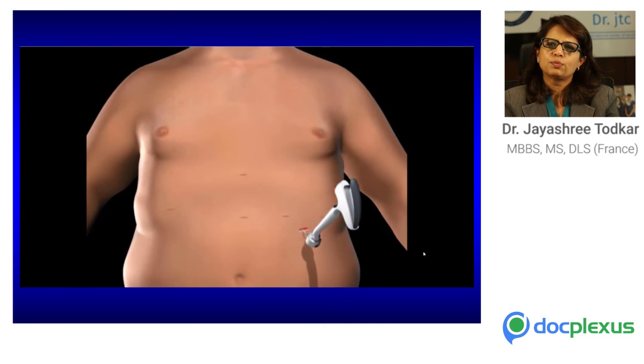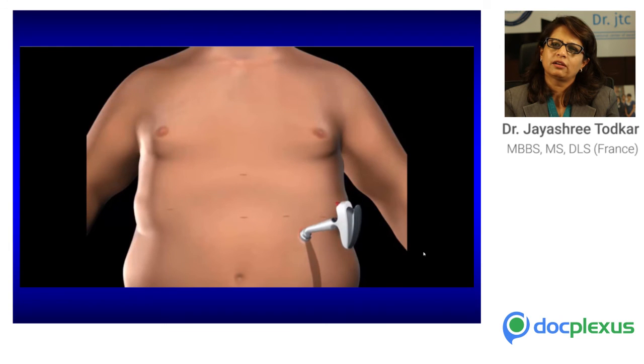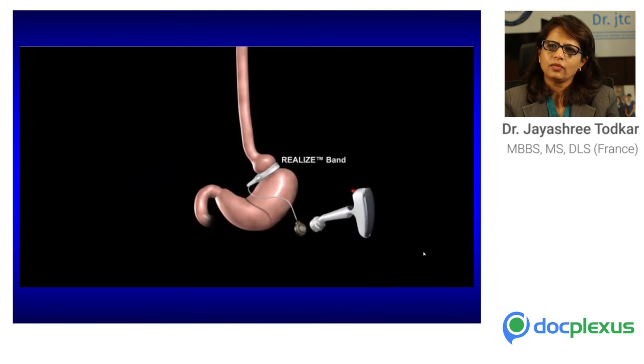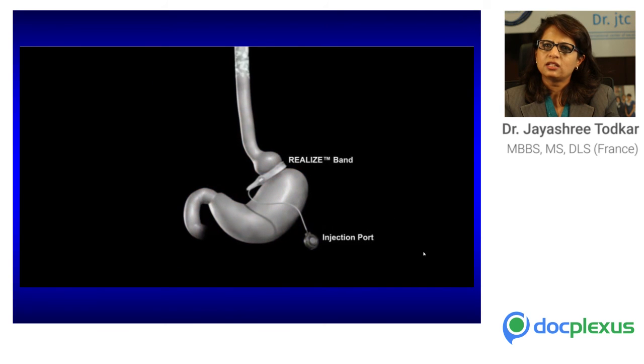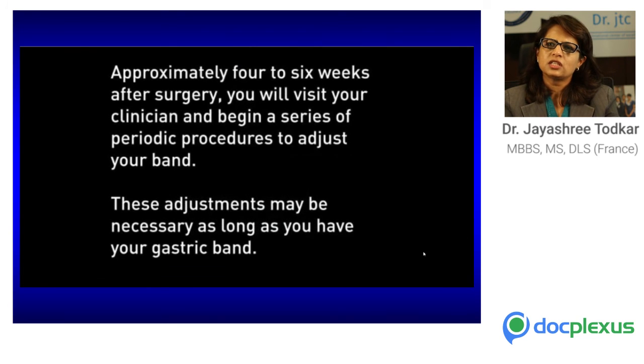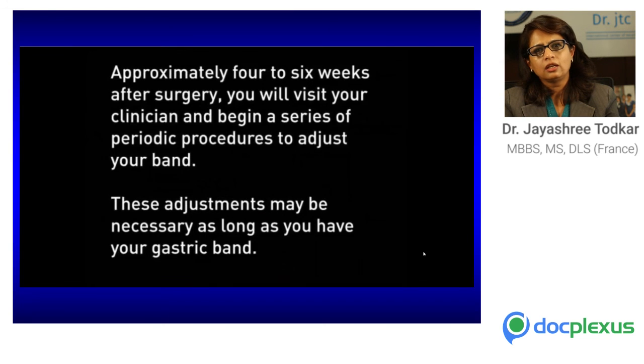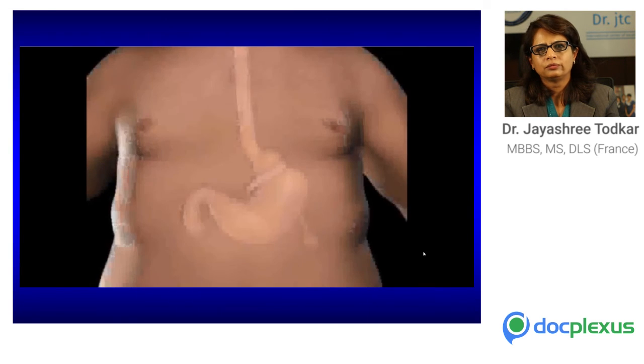This reservoir is placed beneath the skin in the subcutaneous pad of fat with a small device. Now after the band insertion, the pouch is going to hold the food for some time and keep the satiety for a longer time. After this operation, patients experience better satiety with a small intake of food.